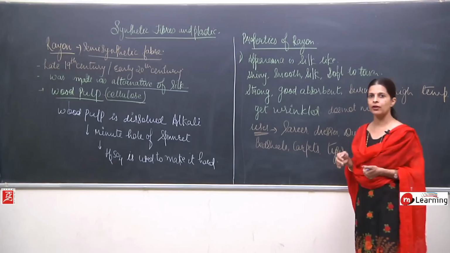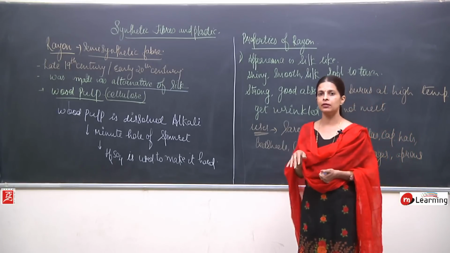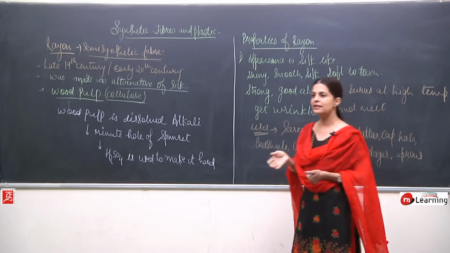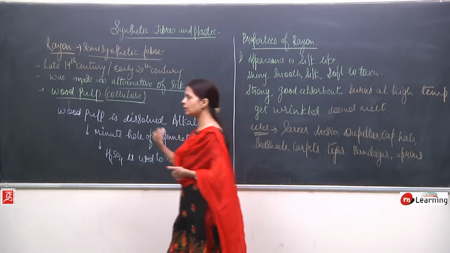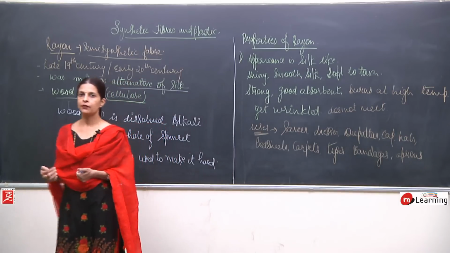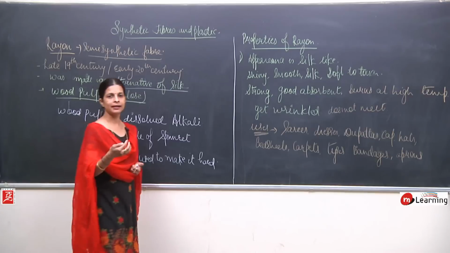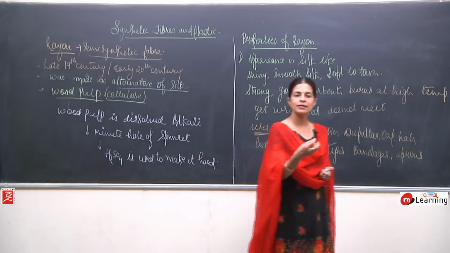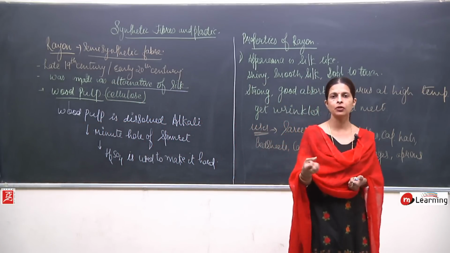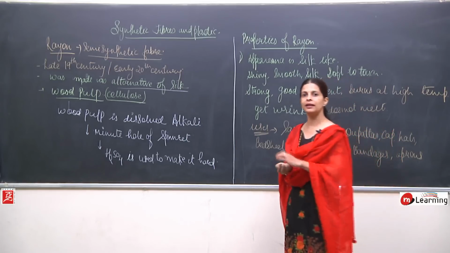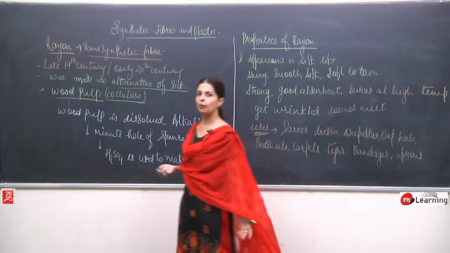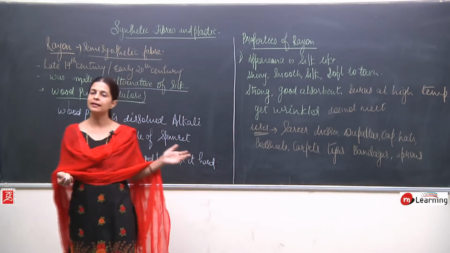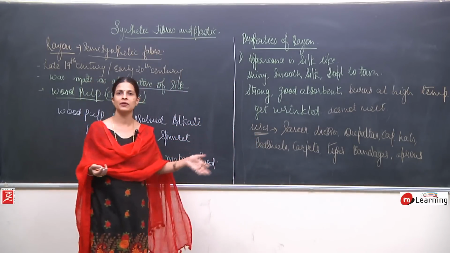One more special quality is that silk drapes well, that means the fall is good. If your mother wears a sari, then a cotton sari requires more time to get draped properly, but this doesn't take time because it drapes well.